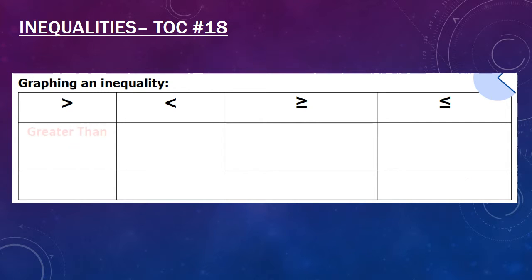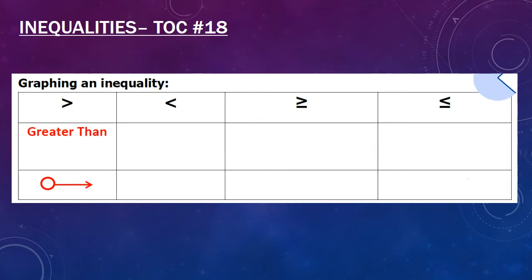That is called a greater than symbol. And we say greater because when you're reading left to right, the greater part is pointing to the greater side on the left. So that is a greater than symbol. And since we're talking about numbers that are bigger or greater, we're going to go to the right. But there is no line underneath, so the number that we're starting at is not part of the solution.